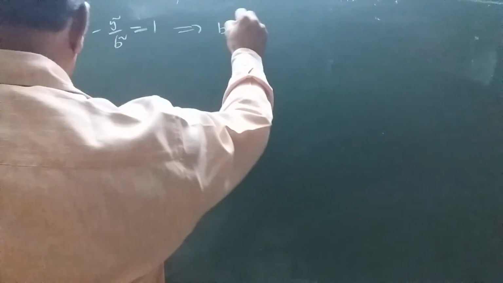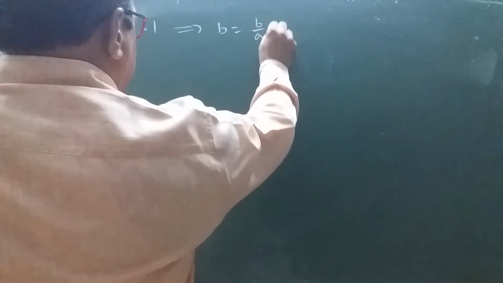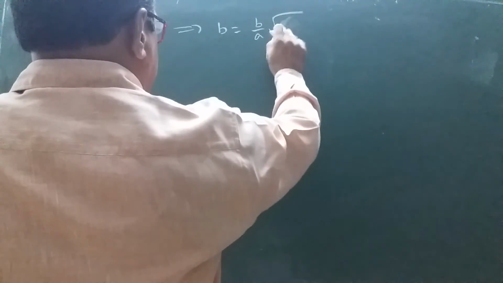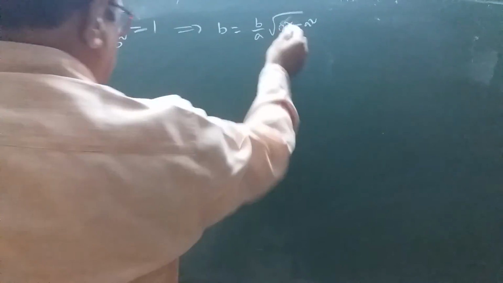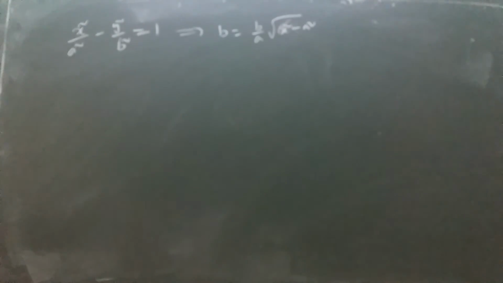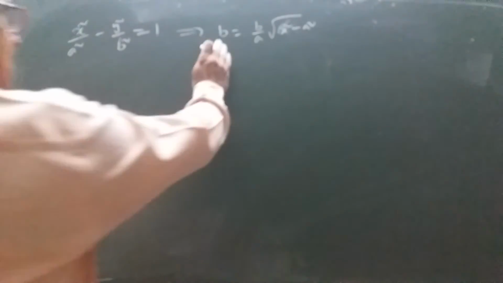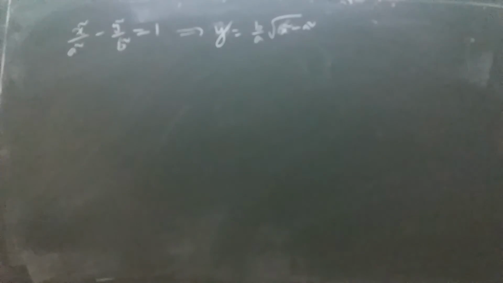Similarly, here we discuss hyperbola. If the given hyperbola is x square by a square minus y square by b square is equal to 1, that implies by taking y as the subject, y is equal to b by a into root of x square minus a square.